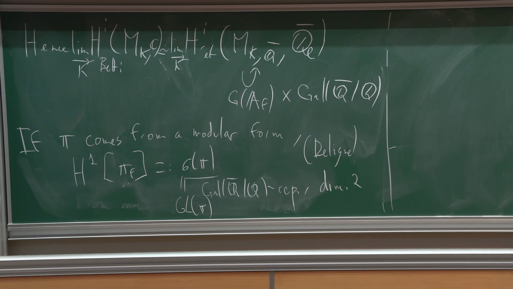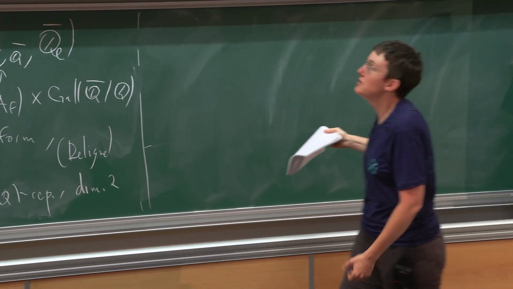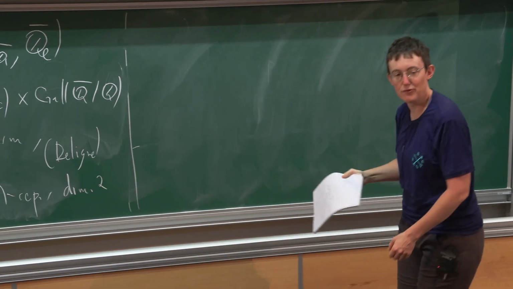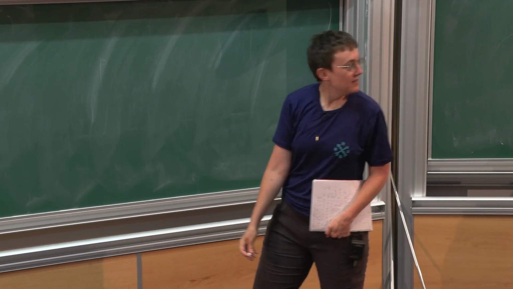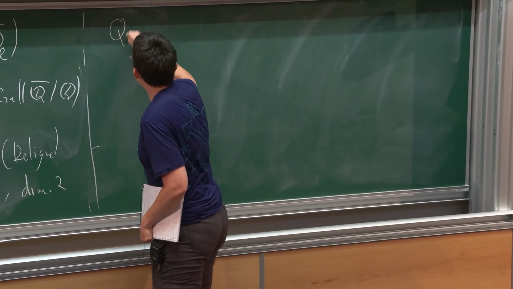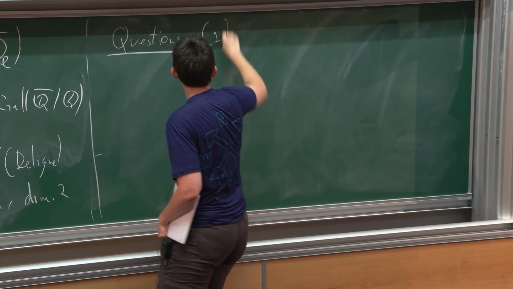So now the question, of course, is that this is GL2, it's very nice. Is there a more general picture for other groups, for reductive groups? So that's one or two questions. I'm going to divide it into two.